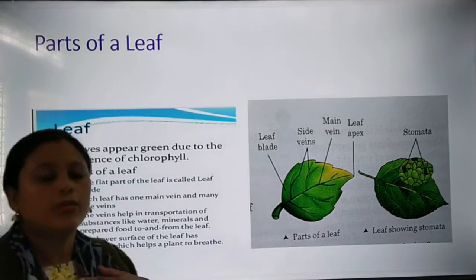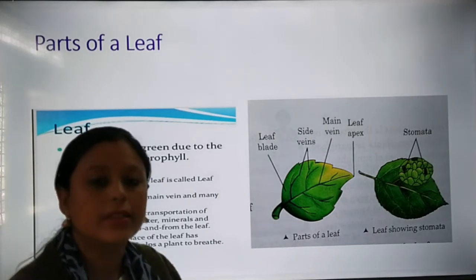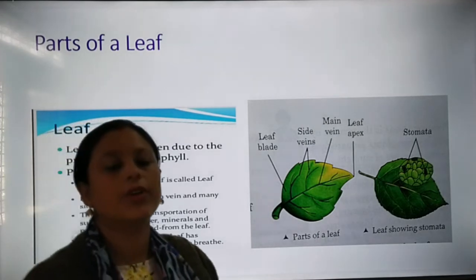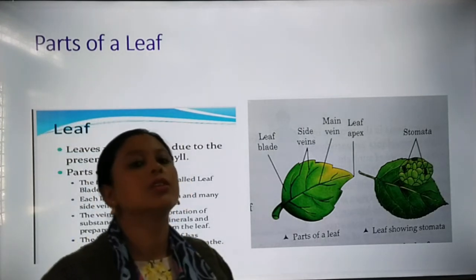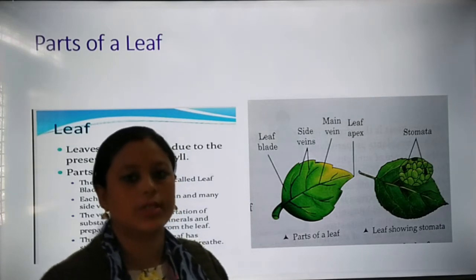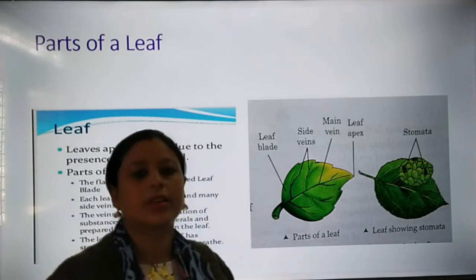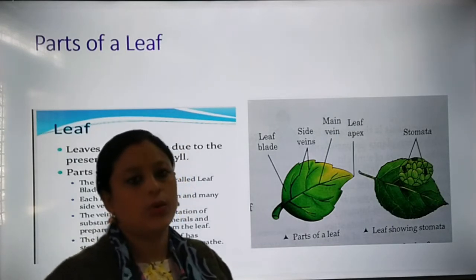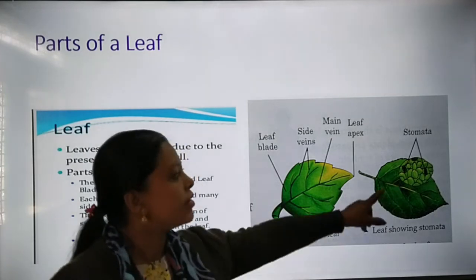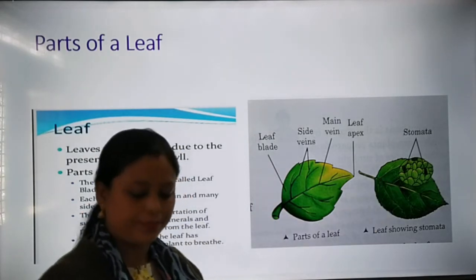That means like human beings, plants also breathe, isn't it? We human beings breathe through our nose. Like us, plants also breathe, but not through a nose, because plants do not have a nose. So plants have stomata which help them to breathe.